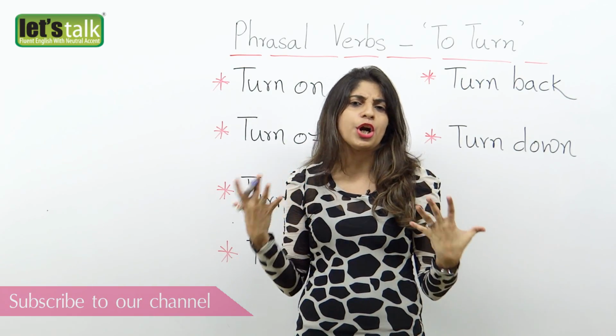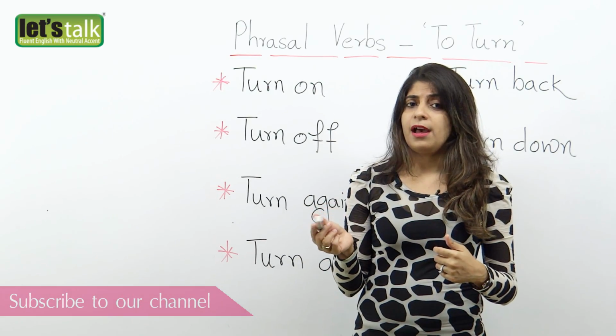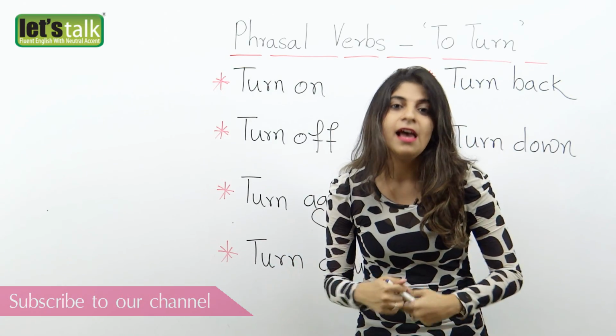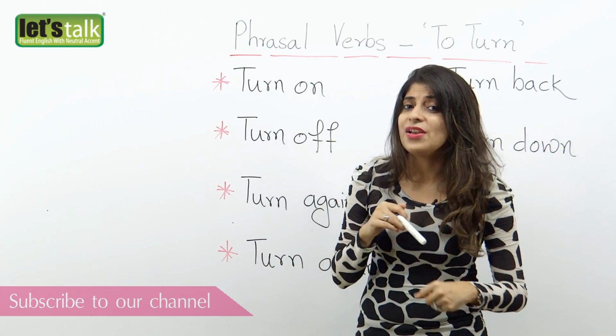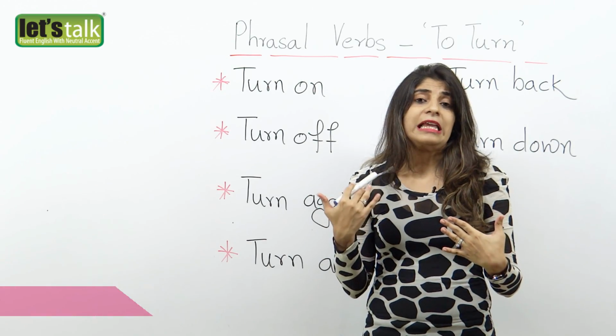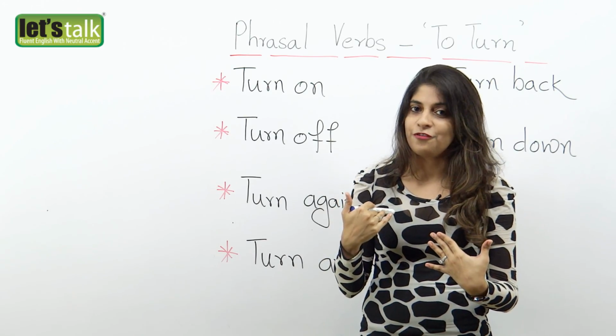It's like a big turn on for you. For example, you spray a nice perfume and it smells amazing and you say, wow, this perfume is a big turn on for me. So you are pretty keen or pretty excited to smell the perfume, okay?